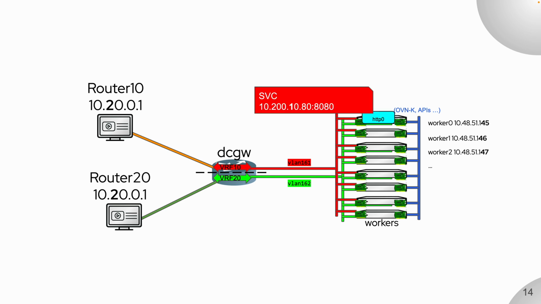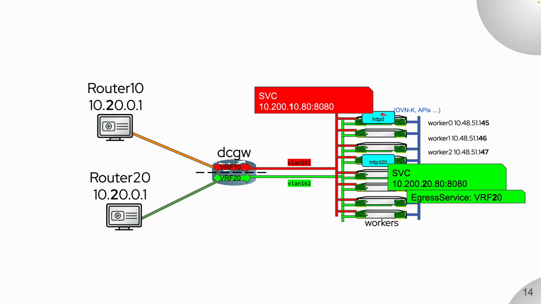So we're going to create in the default VRF connected to VLAN 161 a service, and the service IP is going to be 10.200.10. It's going to run on worker 0 and on worker 3, so HTTP 0 and HTTP 3, an HTTP server attached to VRF 20 via a service and an egress service with a specification of VRF 20.